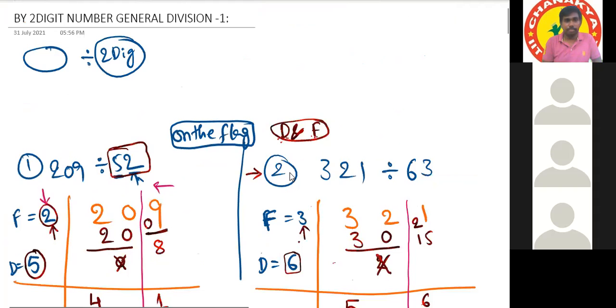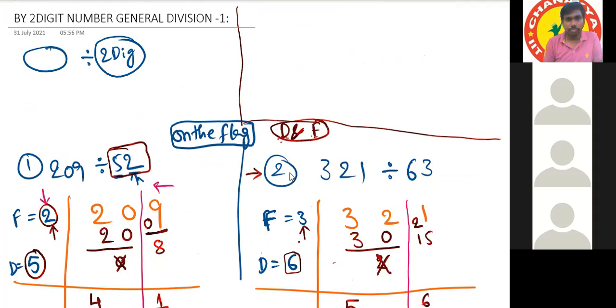Again, somebody asked me one question. Tell that question. 2024 divided by 57. Okay, actually this has more number of digits. Let us continue this one also. 2024 with the divisor 57.